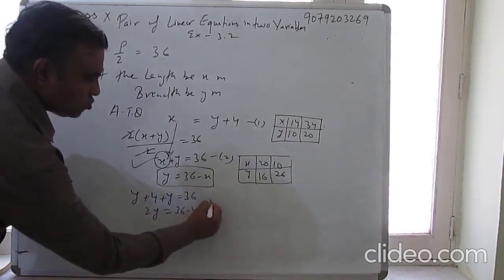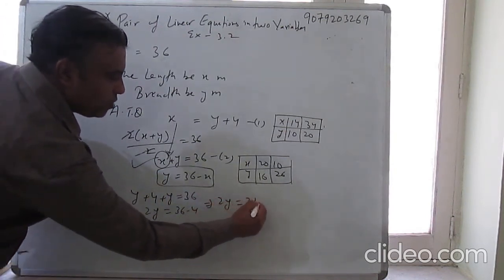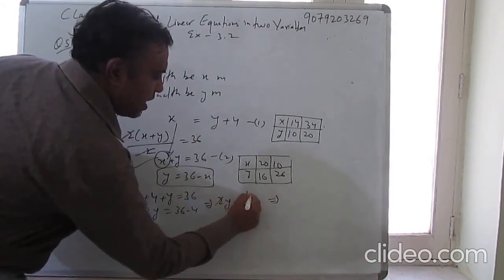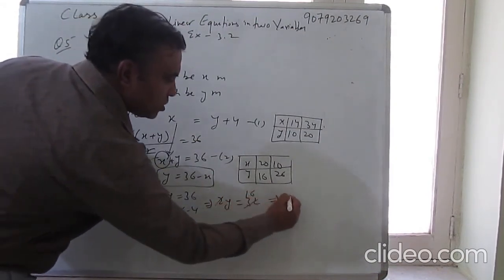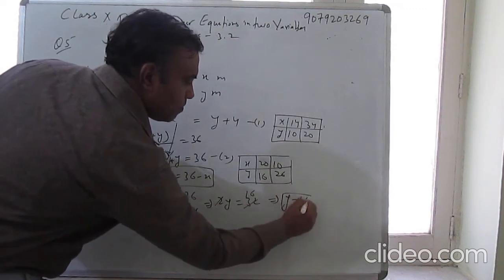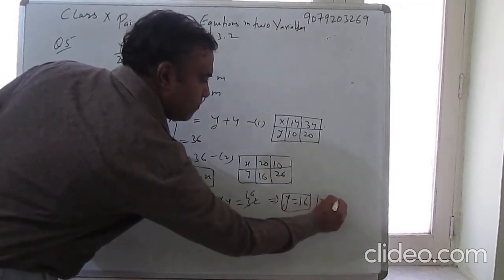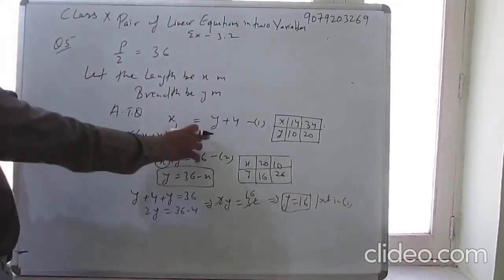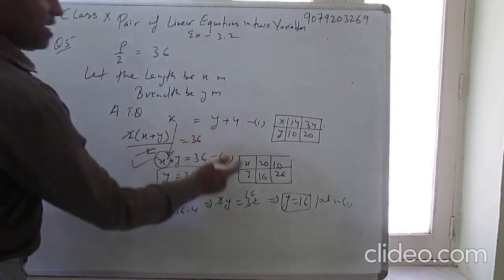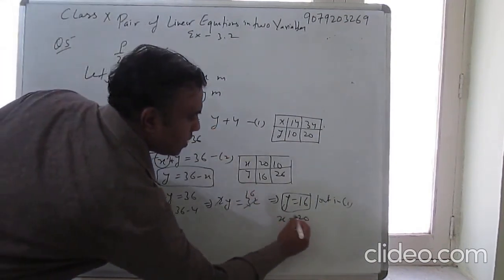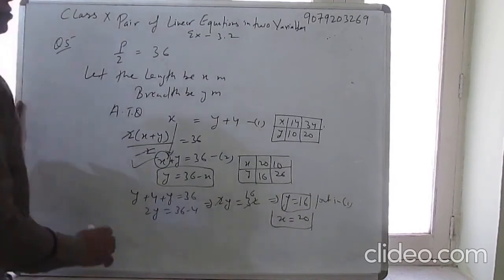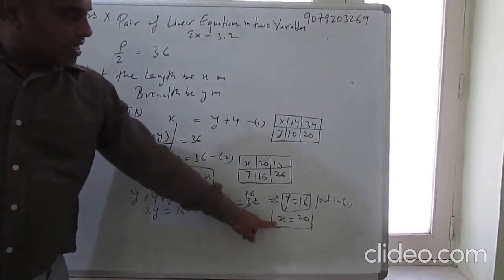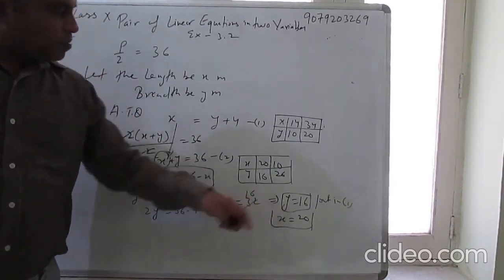It means 2y is equal to 32. This implies y is equal to 32 by 2, which is 16. Put in 1. Put y here, then x comes out to be 20. 20 is length, 16 is breadth.